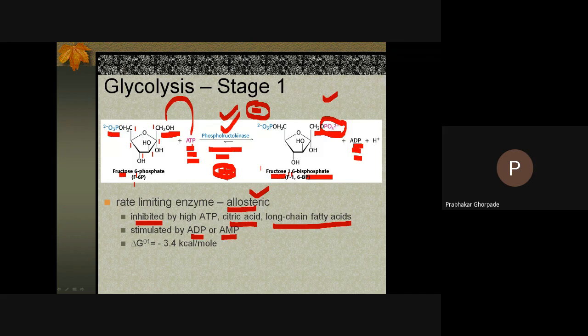If more ADP or more AMP is there, it means the cell will try to increase the rate of reaction. So more fructose 6-phosphate will get converted to fructose 1,6-bisphosphate, and the energy change in this process is minus 3.4 kilocalorie per mole.